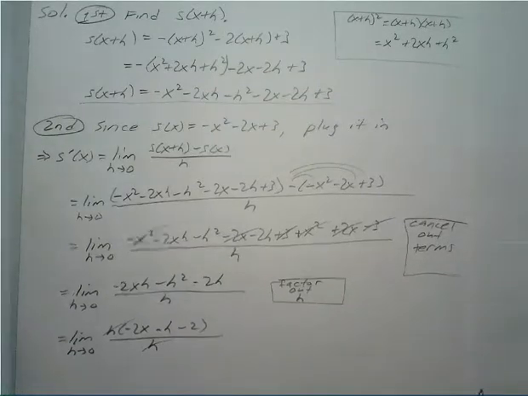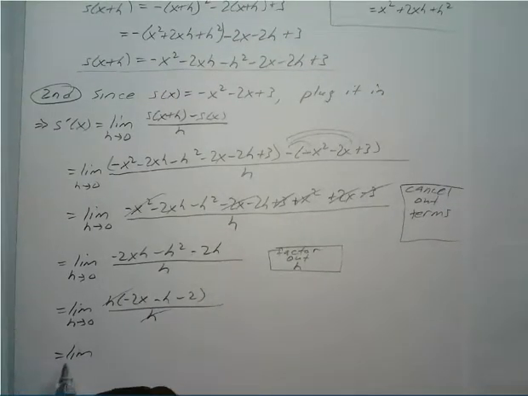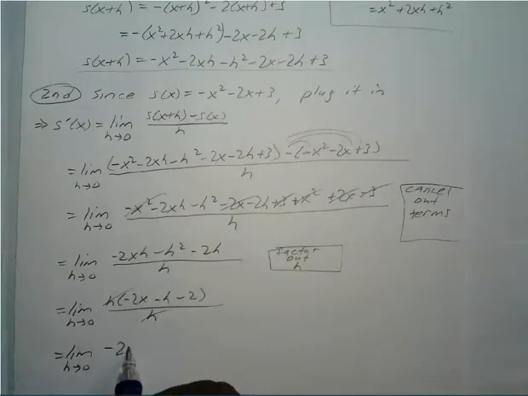Alright, so that now leaves us with the limit as h approaches 0 of negative 2x minus h minus 2.